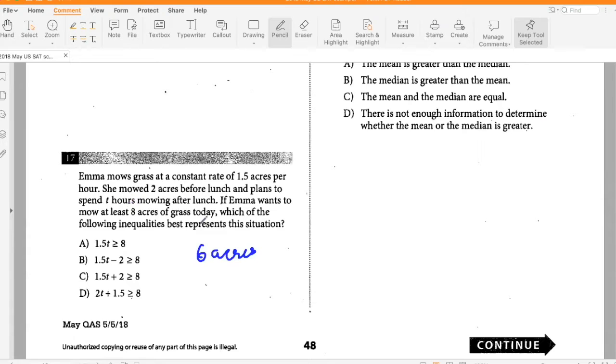So 1.5 acres per hour. If she spends T hours, it would be 1.5T acres. So that should be greater than or equal to 6 because she wants to mow at least 8 acres. So 1.5T should be greater than or equal to 6. So C.